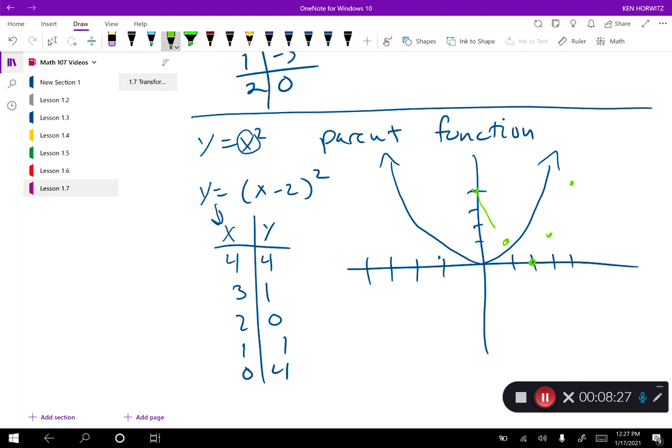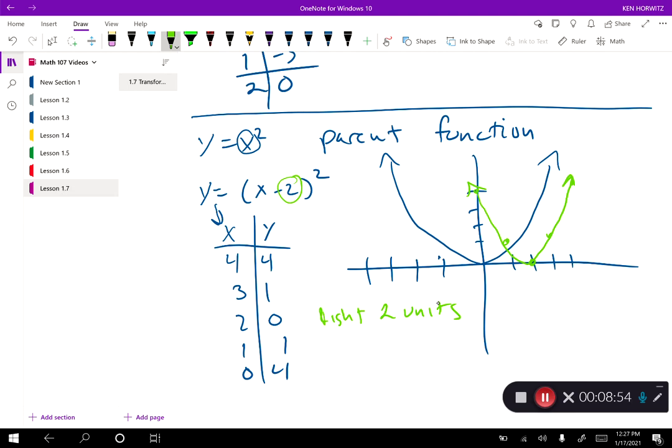So we'll come down and go up. Now my function was not translated up or down. It actually moved right. So it translated right 2 units.